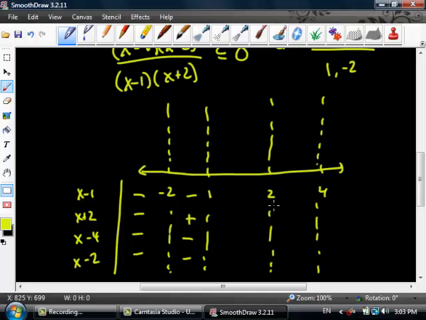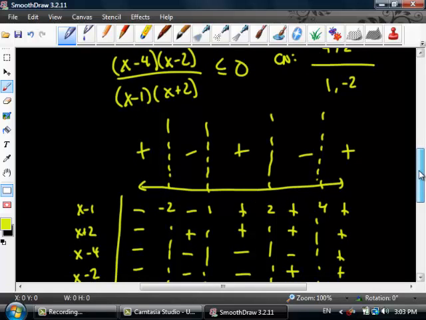Between 1 and 2, 1 and a half, positive, positive, negative, negative. Between 2 and 4, let's choose 3. So positive, positive, negative, positive. And then 5 trillion is going to give me 4 positives. So I've got a positive, a negative, a positive, a negative, and a positive.